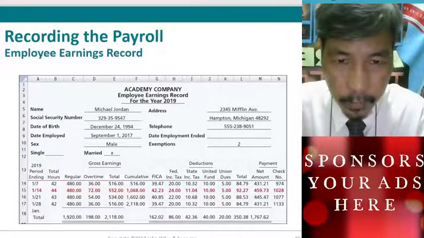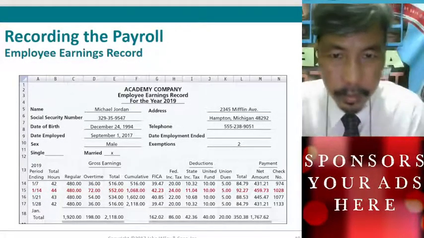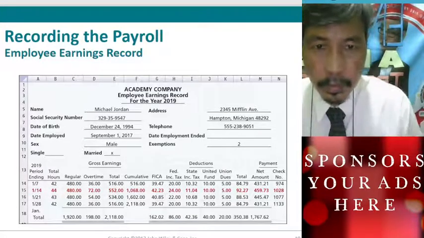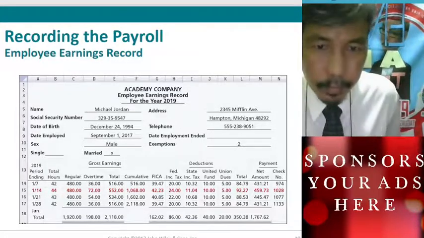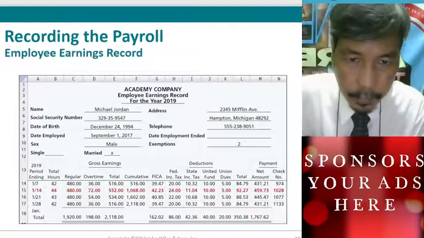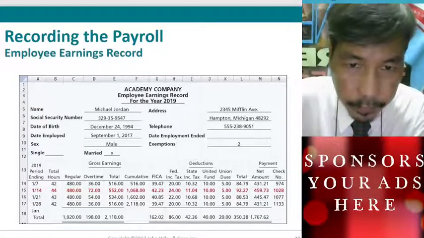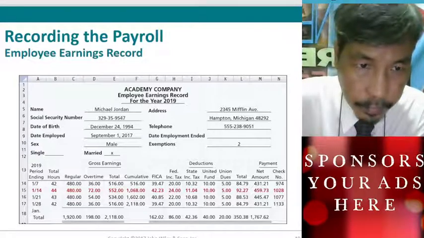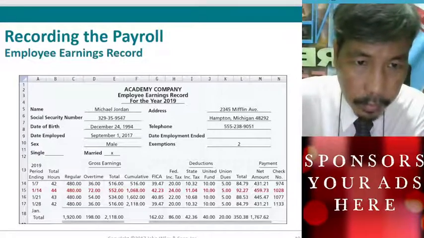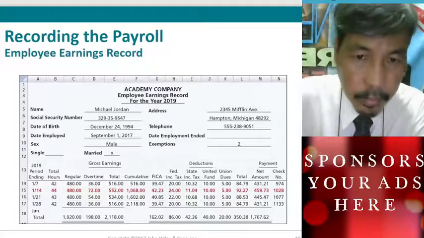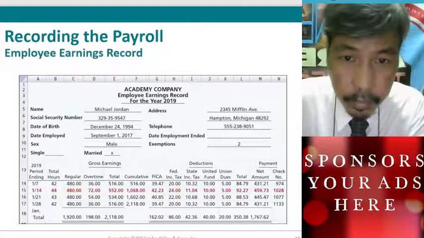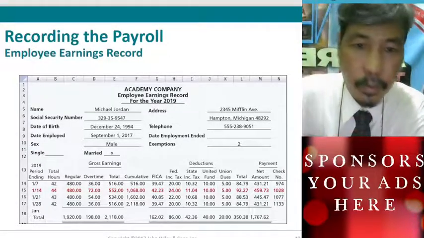So regular 42 hours and overtime. That is the total amount. So this is per week basis. So 7 days, per week basis.